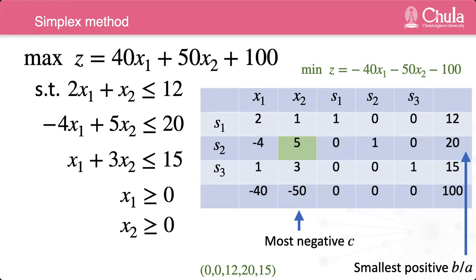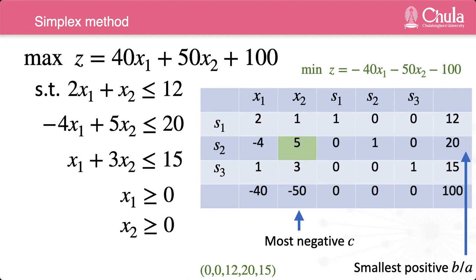Okay? And from the second line, x1 is 0, x2 is 0, S2 must be 20, right? And this line, again, S3 is 15, right? And look at the objective function. These terms are 0, 0, and the starting point is 100.